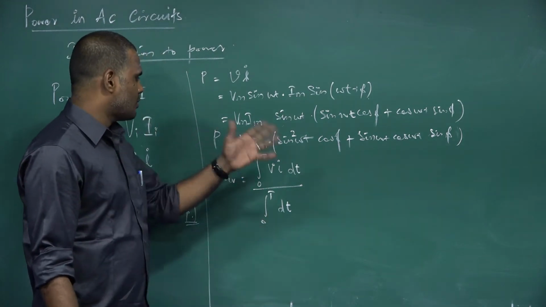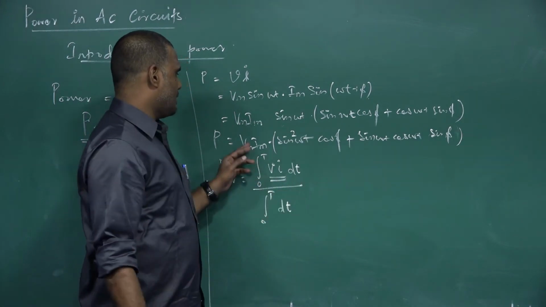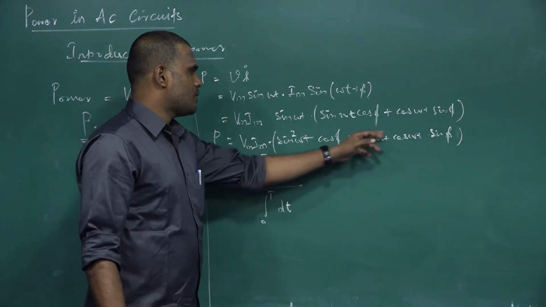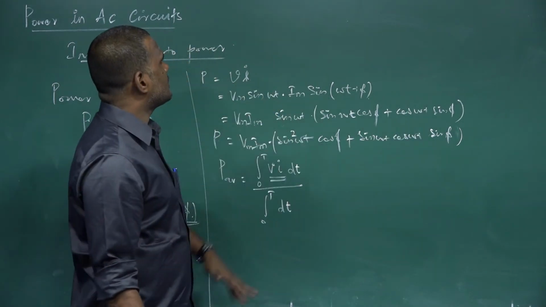So we can go on with the calculation now. As we saw, the product of v and i is Vm Im sin square omega t cos phi plus sin omega t cos omega t into sin phi. Let me represent the equation in a different form.